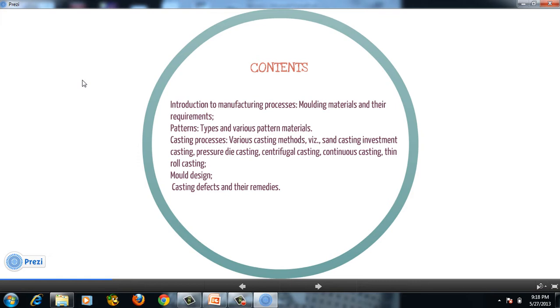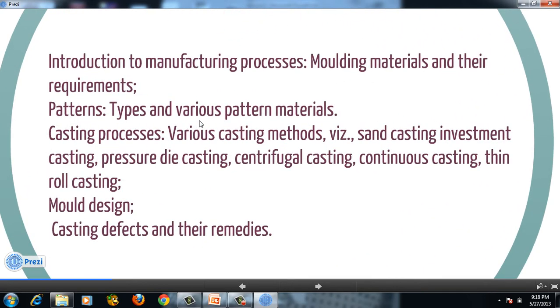This entire circle embraces the total contents of the casting process. So the first segment of the contents is related to the casting process.